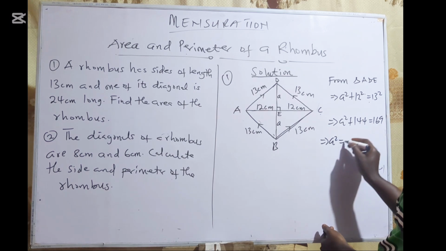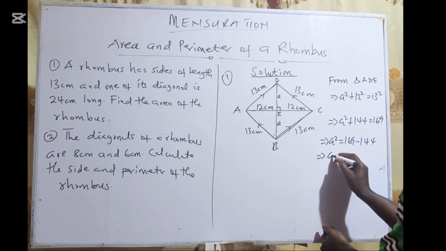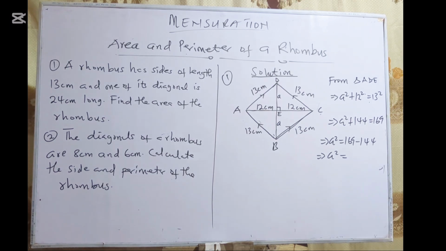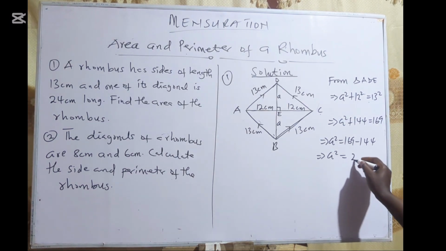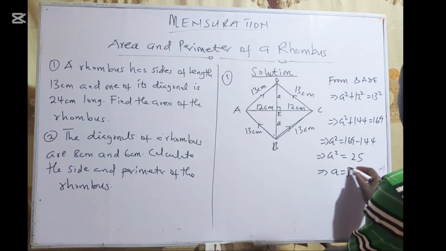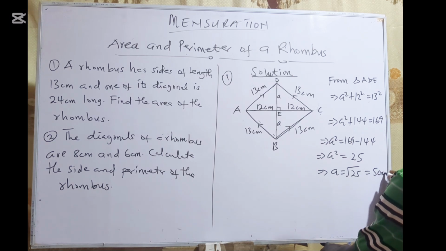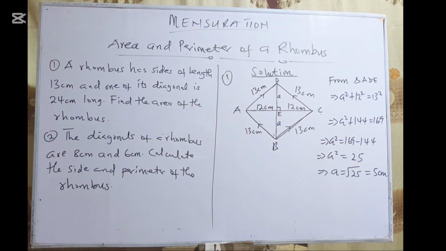So A squared is going to be 169 minus 144, that will be 25. So my A is going to be the square root of 25, that is 5 centimeters.